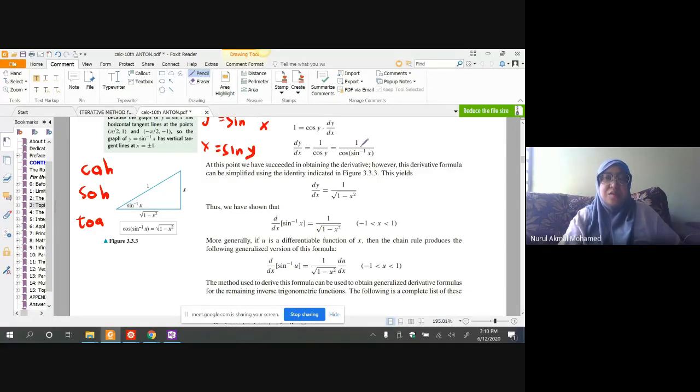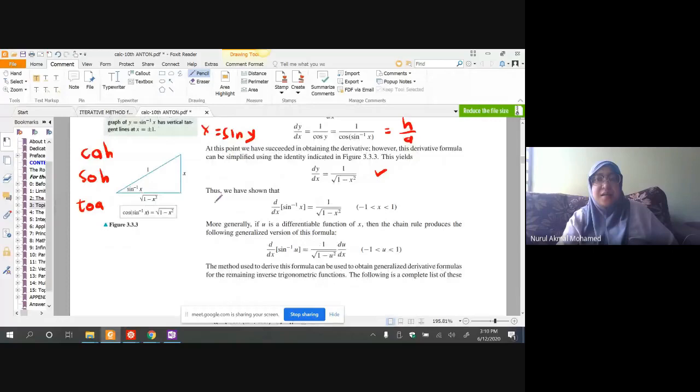Since cos is adjacent divided by hypotenuse, 1 over adjacent divided by hypotenuse is actually hypotenuse divided by adjacent. Your hypotenuse is equal to 1, so that's why you get 1 here. And adjacent is square root of 1 minus x squared. So this is the reason why you got dy dx equal to this.